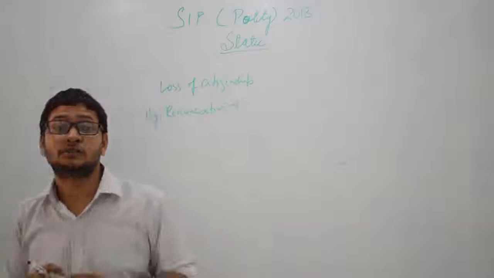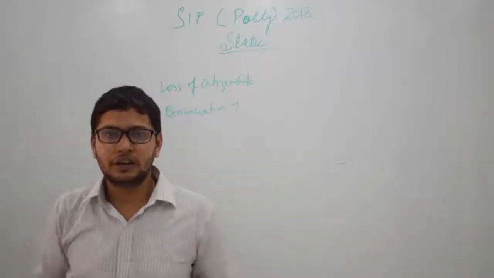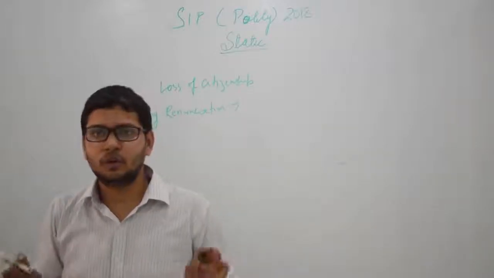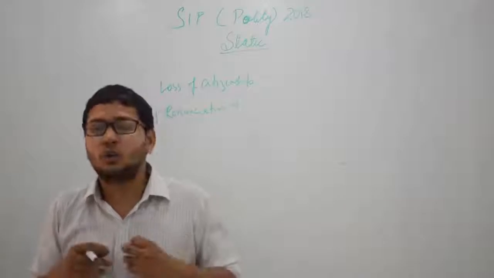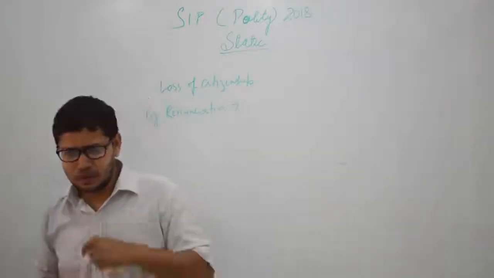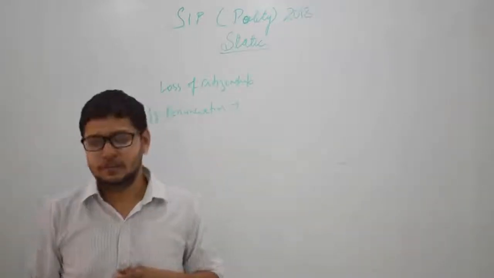I am getting US citizenship, and therefore I myself voluntarily renounce the Indian citizenship. I say that no more I want to be part of India, no more I want to be an Indian citizen, right? So in that case, it is called renunciation.